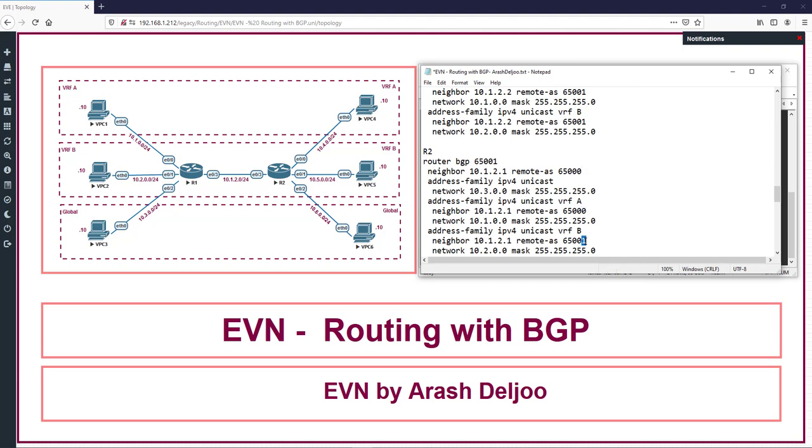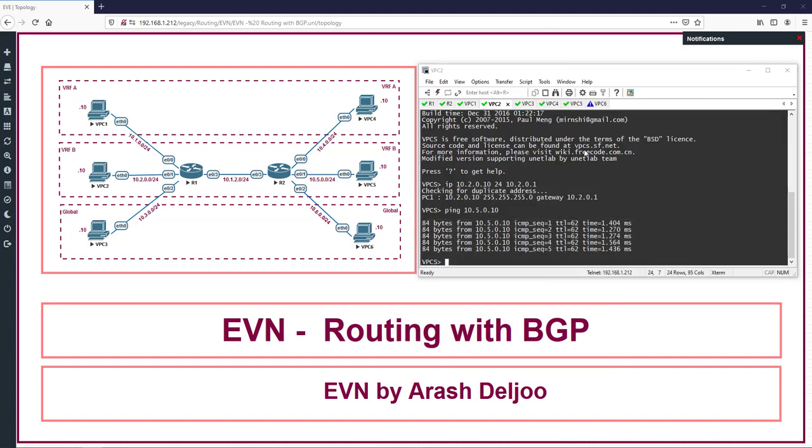The network that should be advertised in the global routing table is 10.6.0.0, the network of VRFA is 10.4.0.0, and the network of VRFB is 10.5.0.0. That's it. Don't forget that you should configure RD for VRFs for advertising with BGP. Okay, and this is the configuration of EVN routing with BGP.